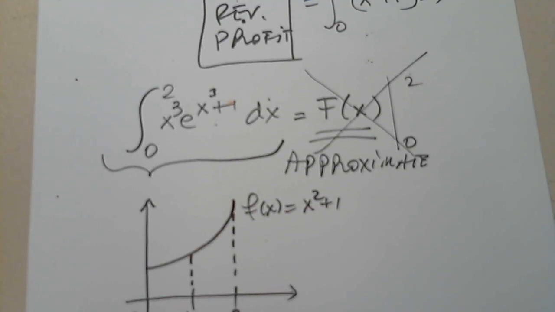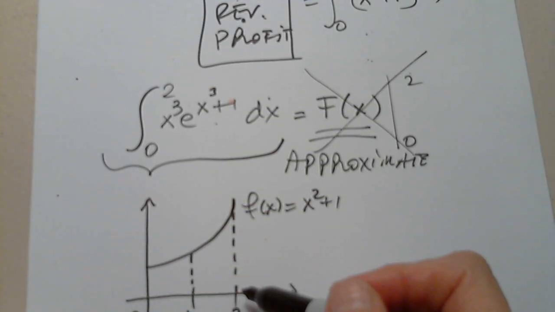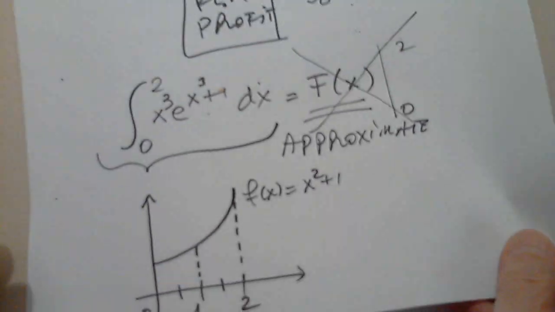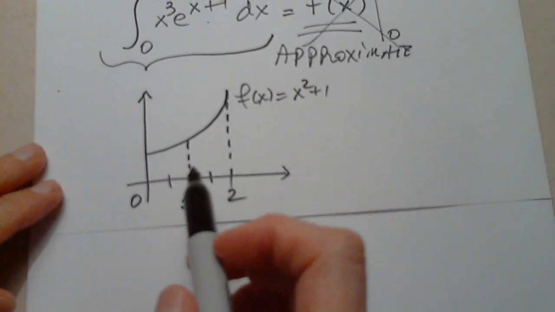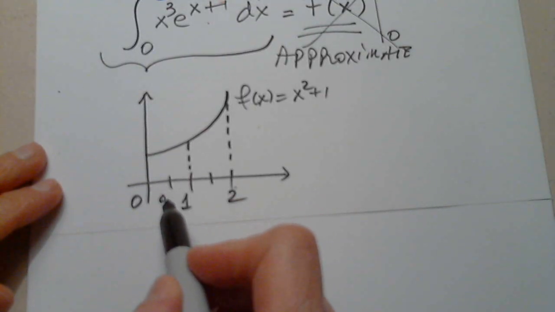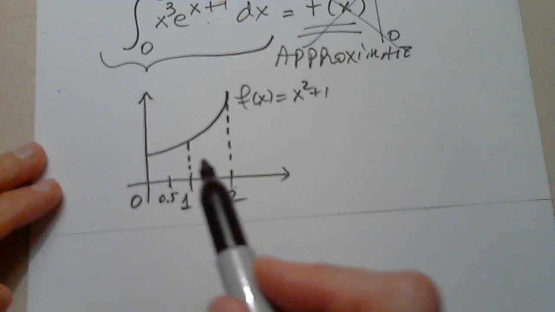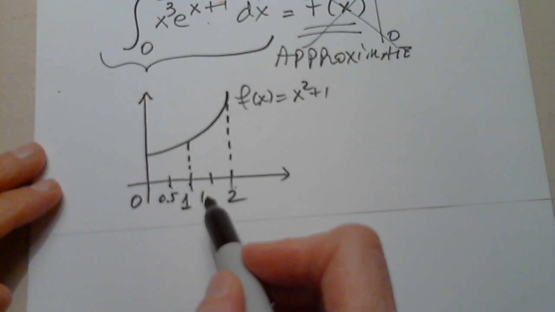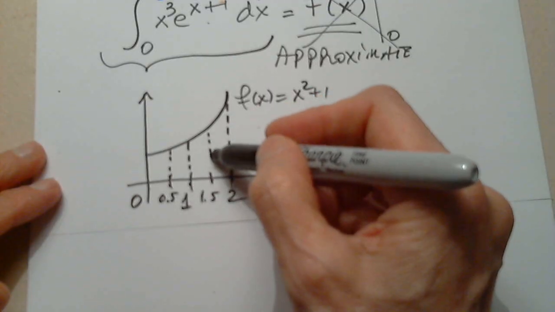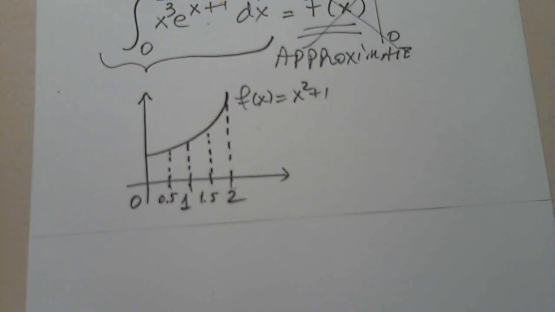And let's suppose we want to divide this interval into 4 equal pieces. So between 0 and 0.5, between 0.5 and 1, between 1 and 1.5, and between 1.5 and 2. On each of these intervals, I will create rectangles.